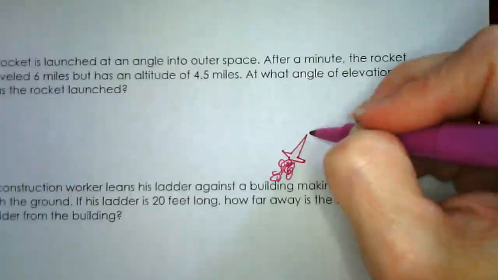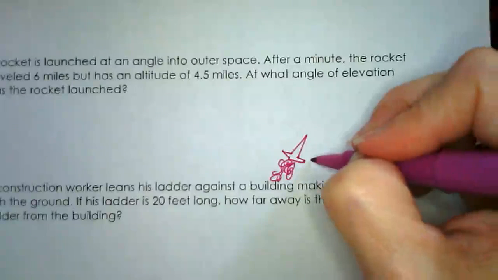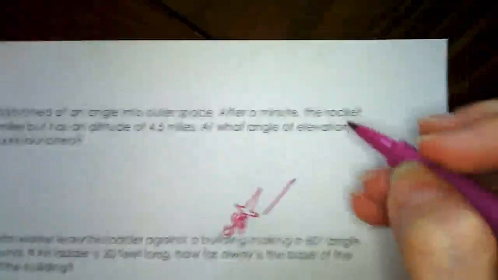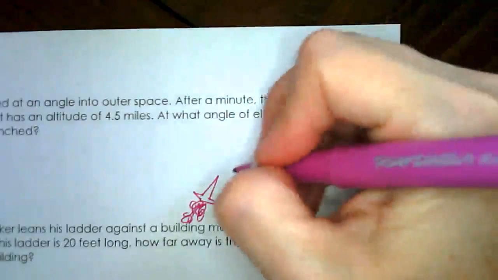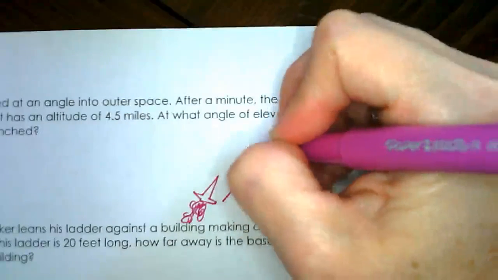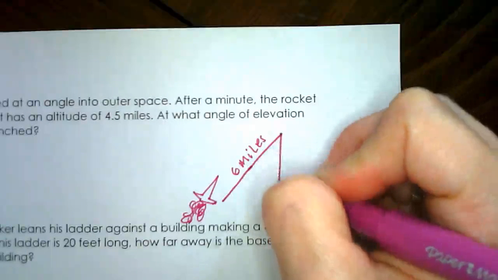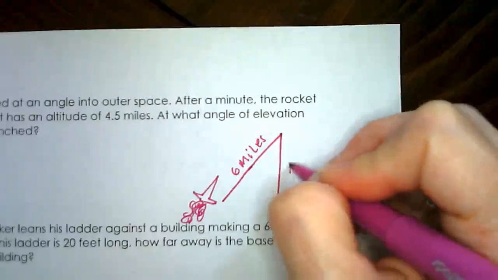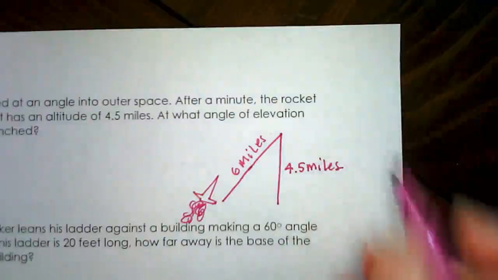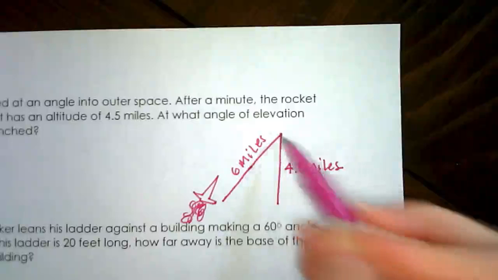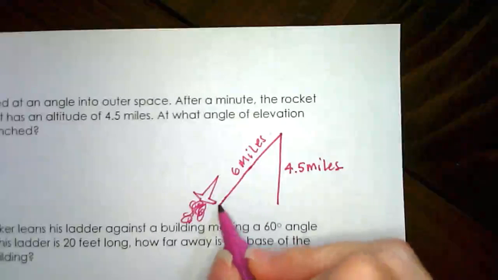So let's just pretend. I'm going to draw this out here. The rocket has traveled 6 miles, but it has an altitude of 4.5 miles. So the rocket has actually gone 6 miles, which means its altitude is 4.5 miles.